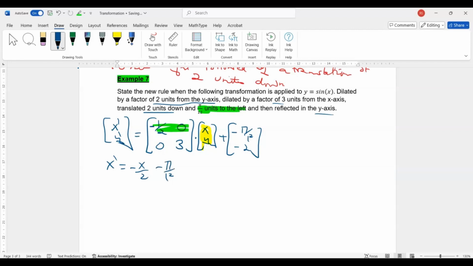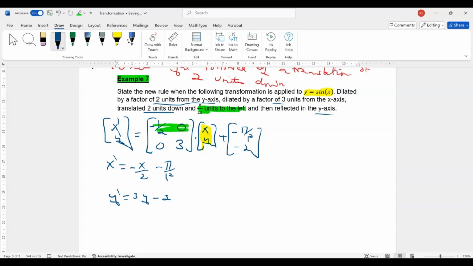Now we make the x the subject, but before we get into that, let's get the y the image. So y the image is 0 times x is 0, plus 3 times y is 3y, minus 2, so we add that. Now we need to make the x the subject because we need to go back to the original function, which is y equals sine x. We replace the y with the new y, the x with the new x.